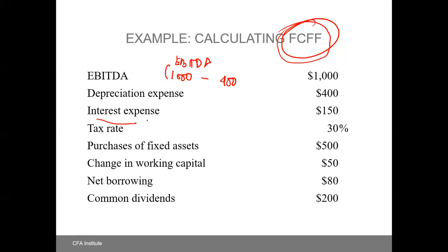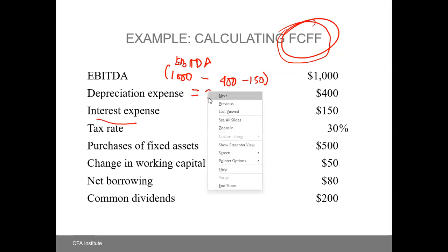So if we subtract the interest expense, can we get the pre-tax income? What do you think? Can we get the pre-tax income? Yes, sir, we can. How much is it? 550, 450, 350, 450.